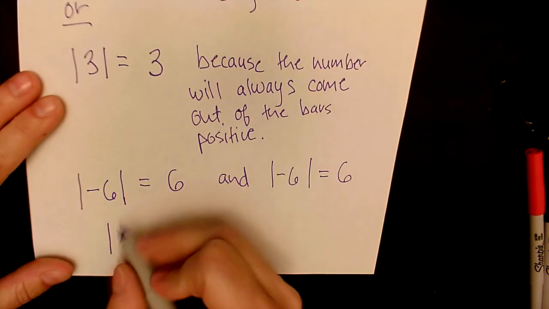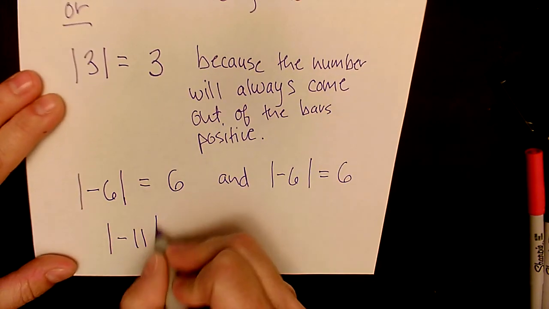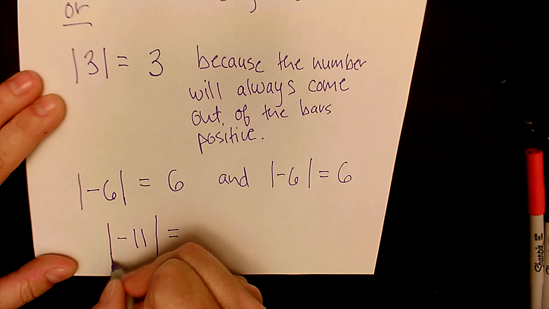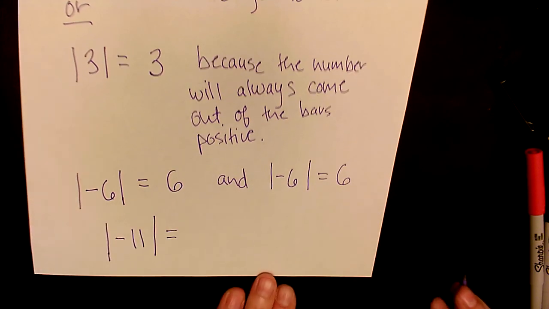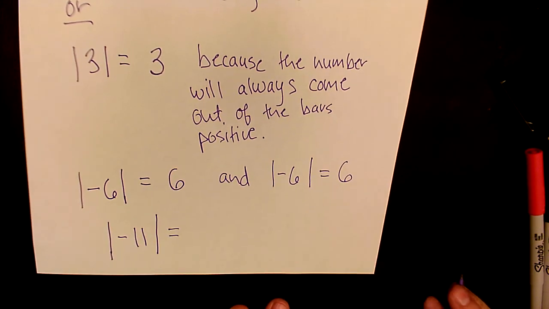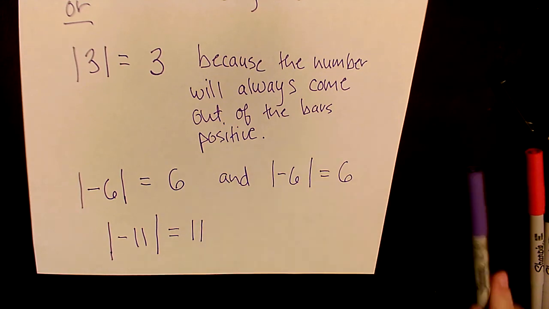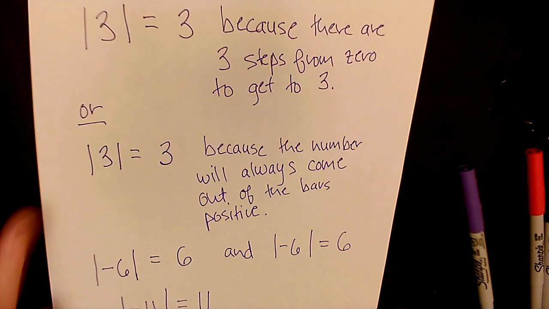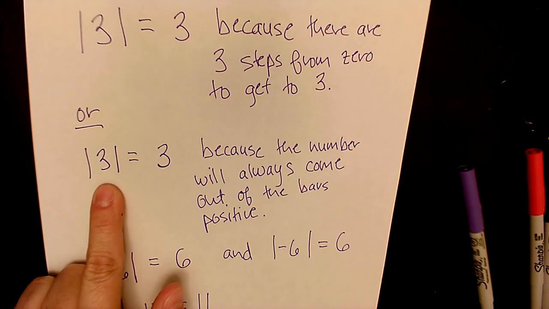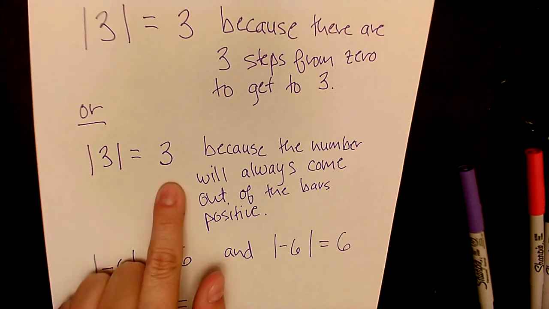So if you have the absolute value of -11, let's say, what's the absolute value of -11? Well, it's negative, so it comes out +11. So just to recap, when it's a positive number in between the absolute value bars, it's going to come out positive.